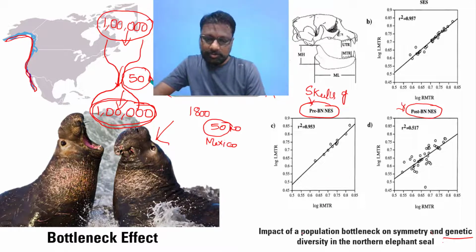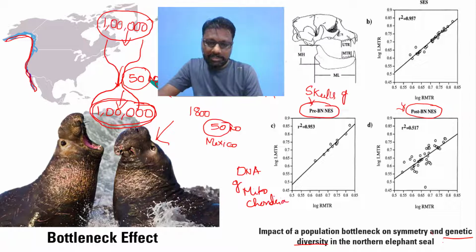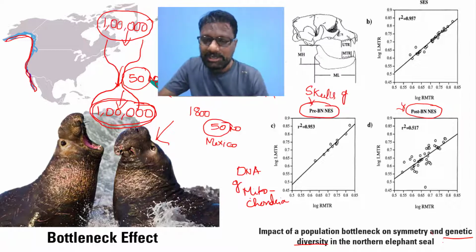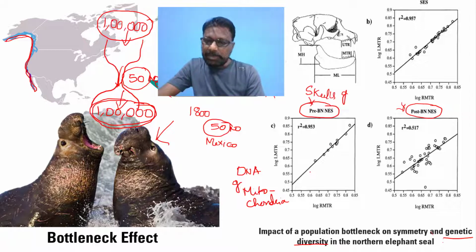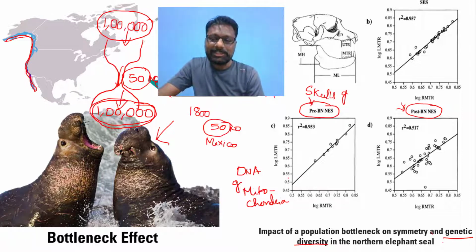They worked first on genetic diversity by isolating the DNA of mitochondria from the skulls of pre-bottleneck northern elephant seals, and when they compared it with the DNA sequences of post-bottleneck northern elephant seals, they found a lot of loss of genetic diversity after the bottleneck effect.